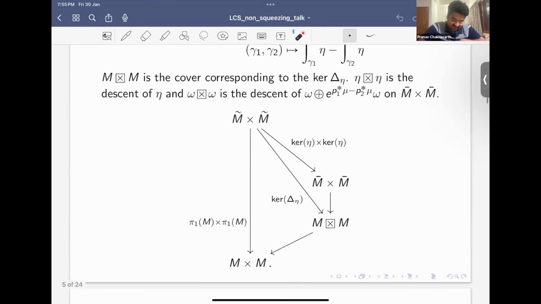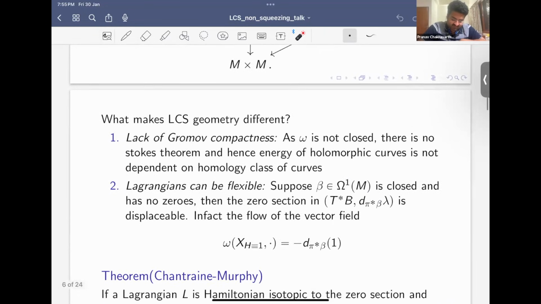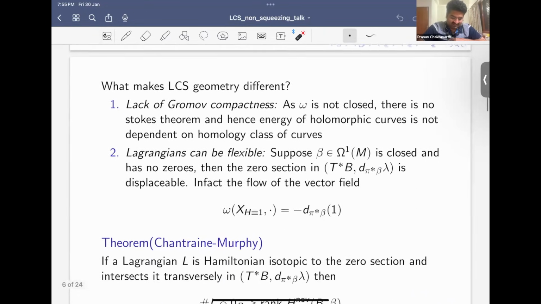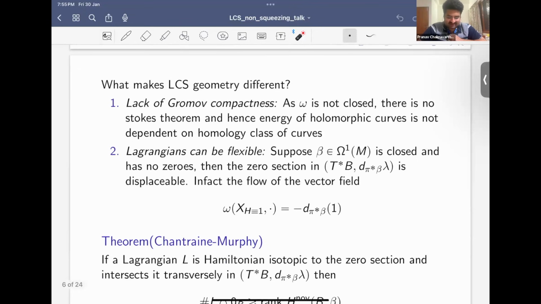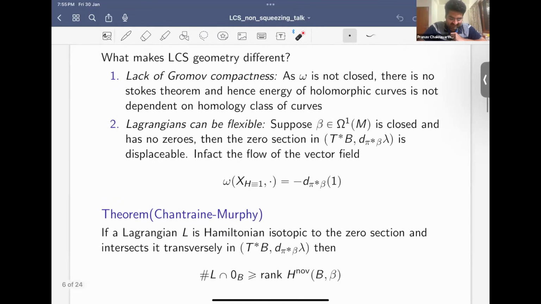No. Okay. So as we already saw, these manifolds are quite different in the sense that even the product is not very easily defined. So there are other drawbacks for these manifolds.